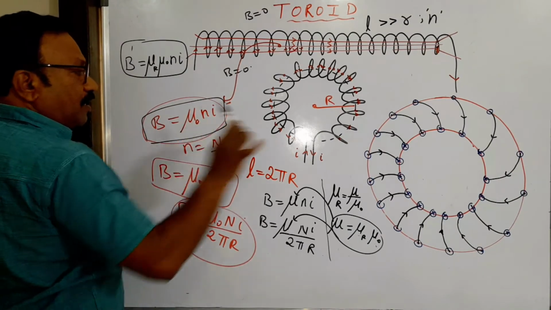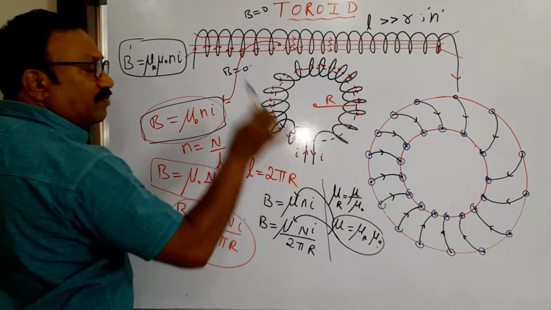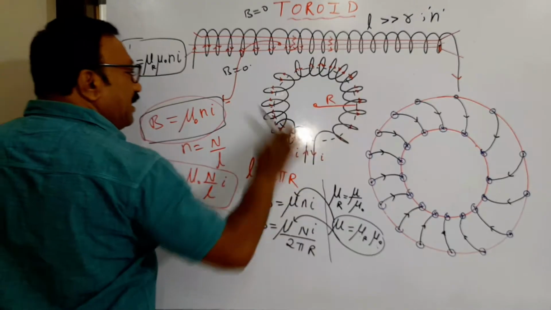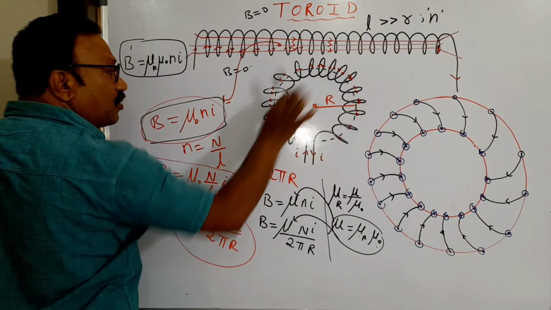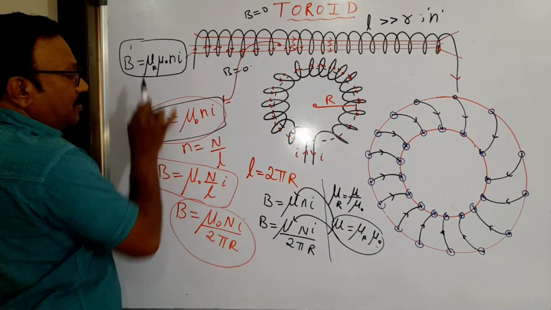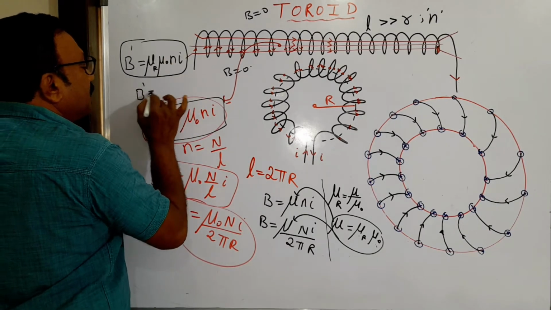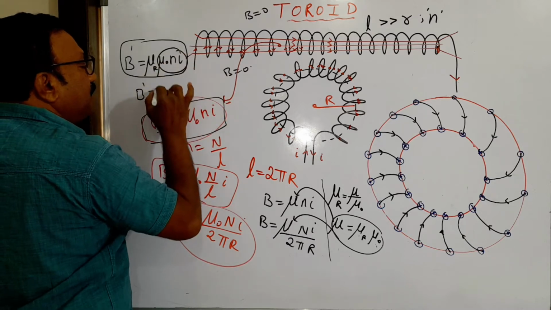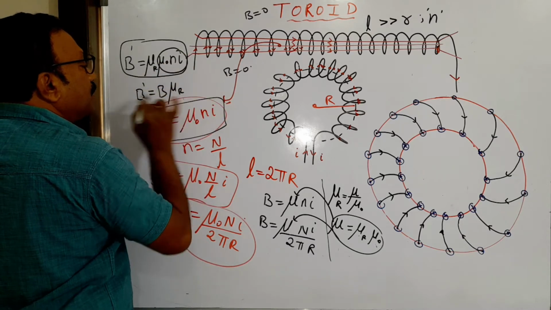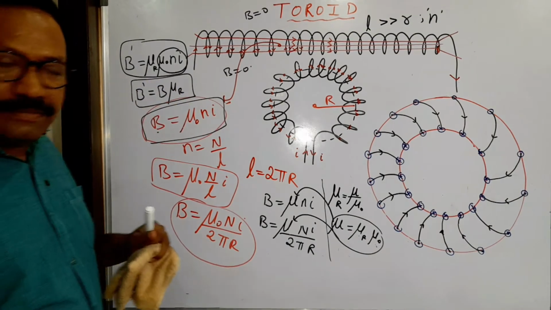When you have free space here, this is the formula inside the core of the toroid. When some material is filled here, this is the formula to find the magnetic field inside the core of the toroid. I can substitute this here if you want. Then B dash is equal to this B into mu r. So the magnetic field will be increased mu r times.